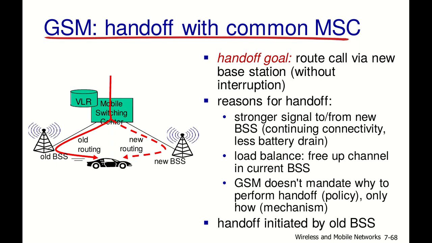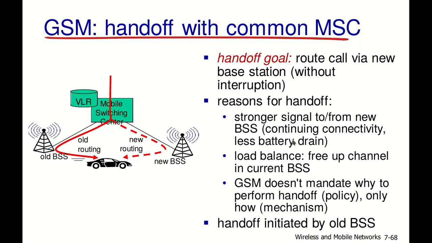For example, the network providers want to balance the load of base stations within the same area. Let's say there is more load on the left base station than the right base station, and there are some users that can be covered by both base stations.